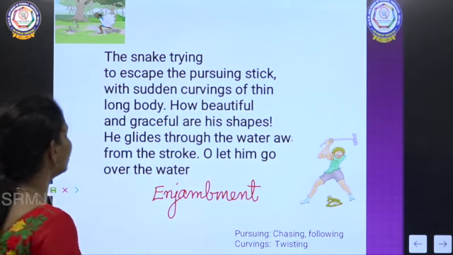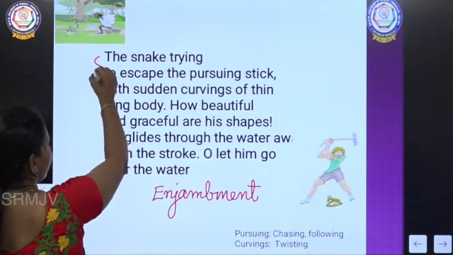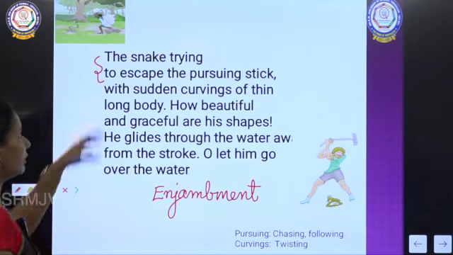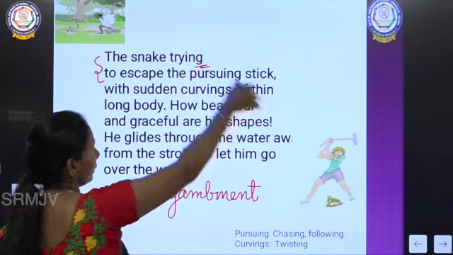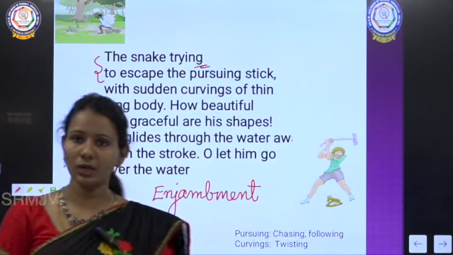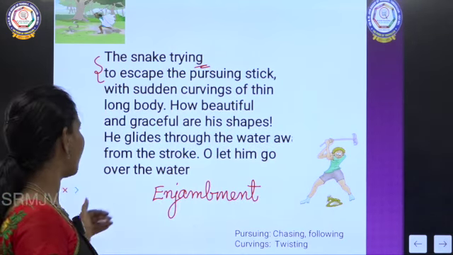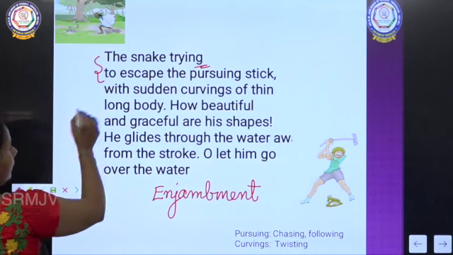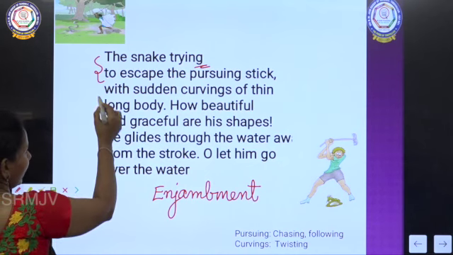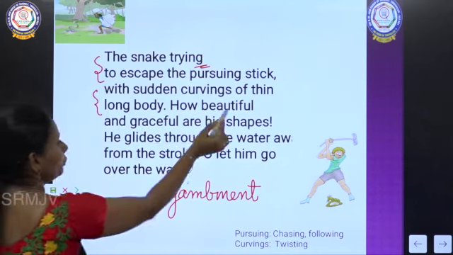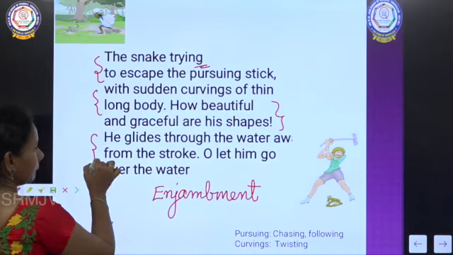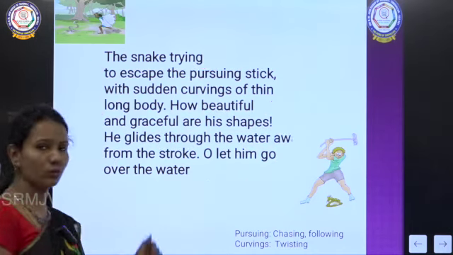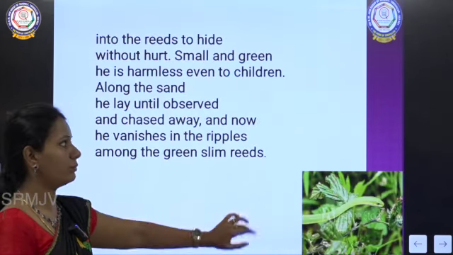In this poem, we could see the snake trying to escape the pursuing stick. The first line is continued to the next line also, and there is no punctuation mark separating these two lines. So, that is enjambment. And the third, here we have enjambment, and how beautiful and graceful here. So, enjambment is used throughout the poem, children.